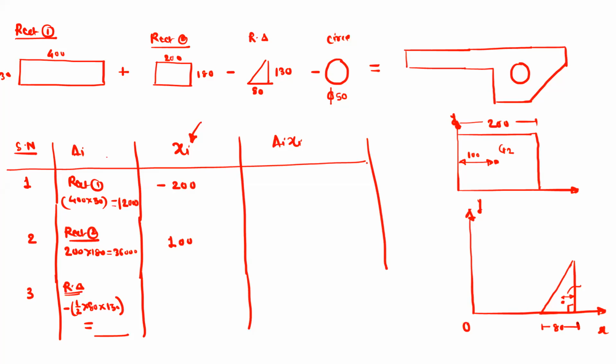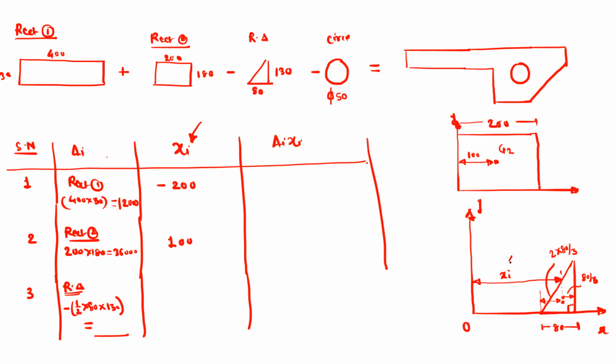So this will be at 80 by 3, or from the second corner, 2b upon 3, so 2 into 80 divided by 3. We want this distance from the y-axis, so we have to find this total distance. This is the x coordinate.